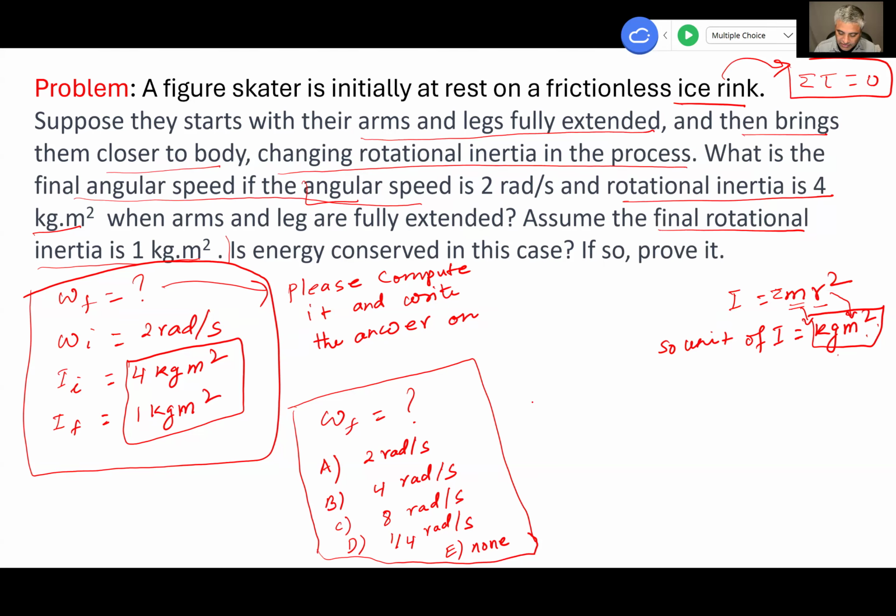Let's see. So I_F omega_F is I_I omega_I.